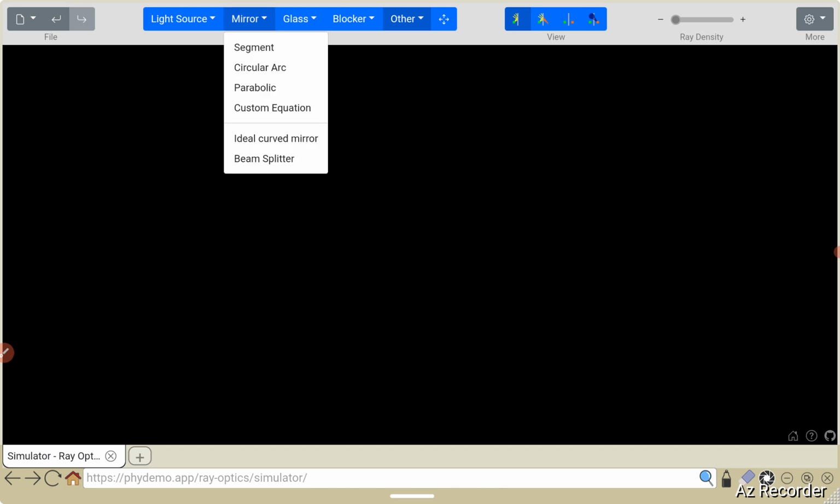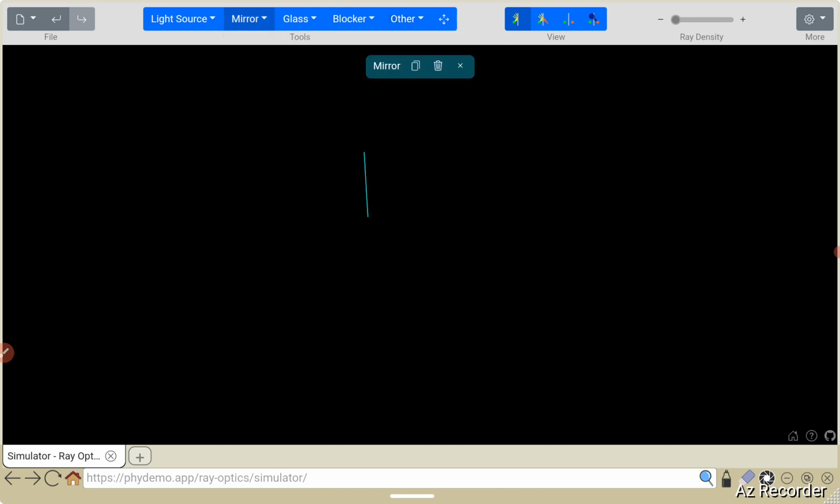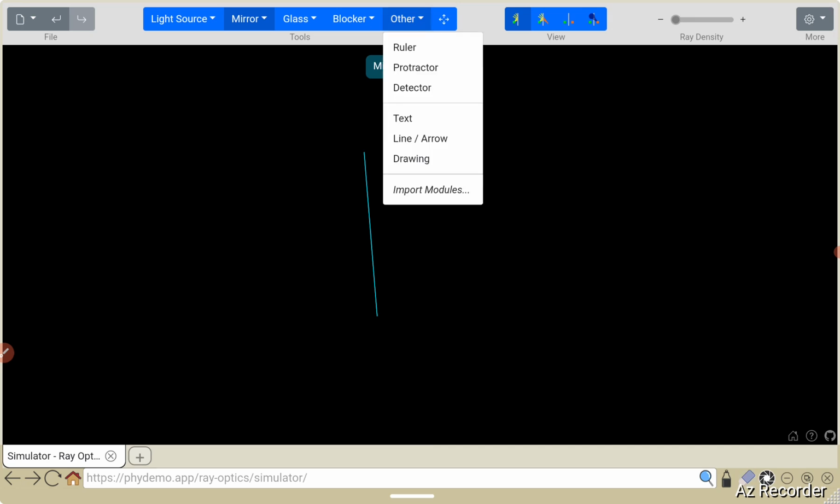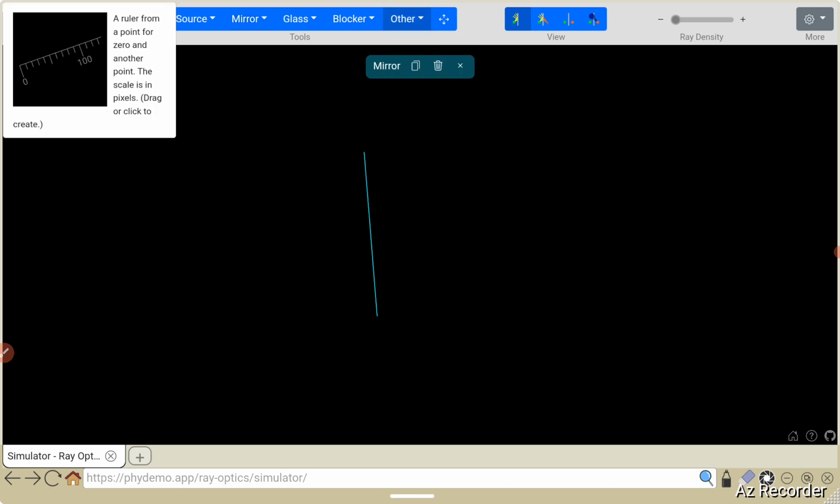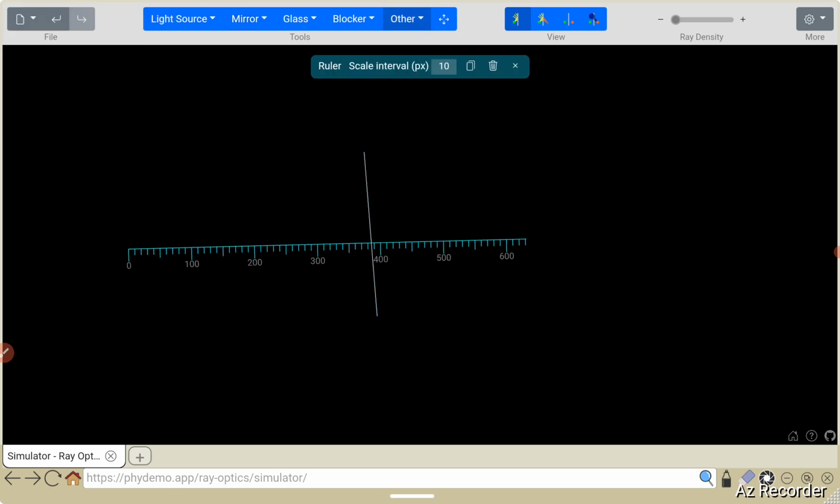Let's see image formation by a plane mirror. Now I am taking a mirror segment. This is the mirror. Now let me take an object like a point size object in front of the mirror. Then I'll take one ruler. Let me first take the ruler. Ruler I am placing here.